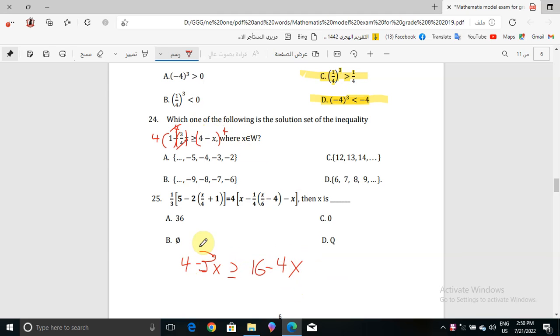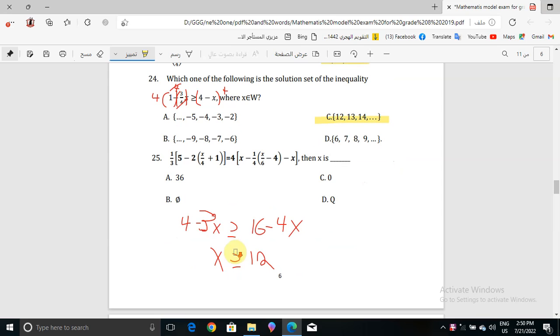When we collect the like terms together, you will get x is greater than or equal to 12. So that means x is equal to or greater than 12. We will start from 12 and above 12, which is 13, 14, and so on. So the correct answer for question number 24 will be choice C.